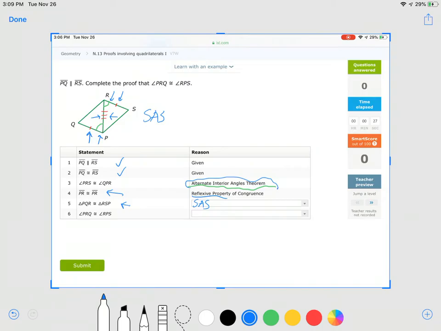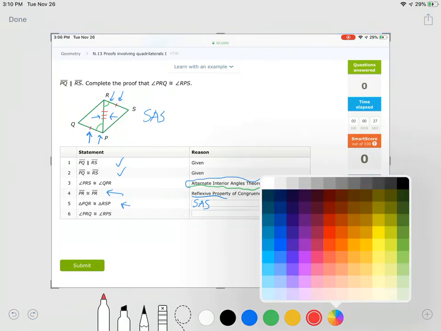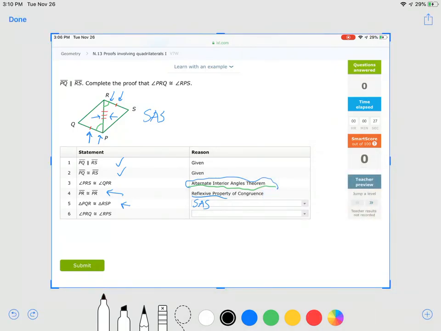Okay. Line 6 goes on to say that PRQ, which is this angle right here, let's do it in black, PRQ is the same as RPS.